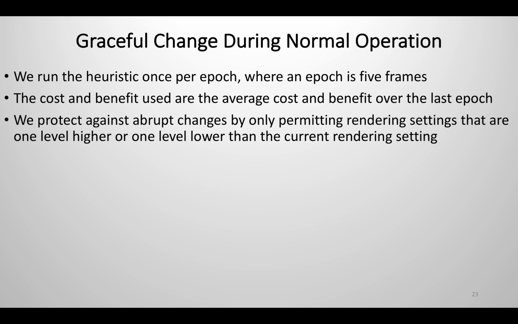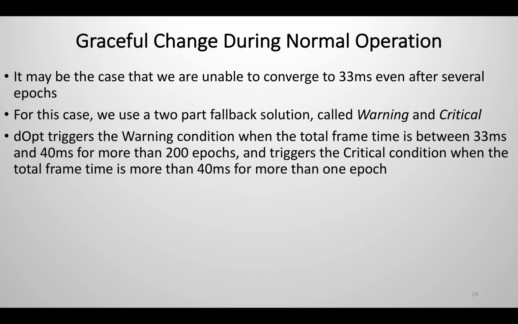So by this, we do not have any major issue. So we basically can use some rendering settings, and we can also use the residual cost to guarantee normal operation. So the changes should not be abrupt.